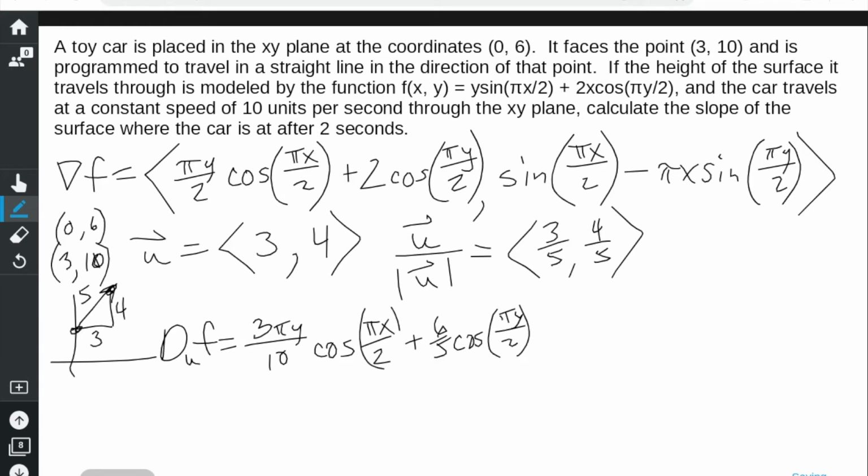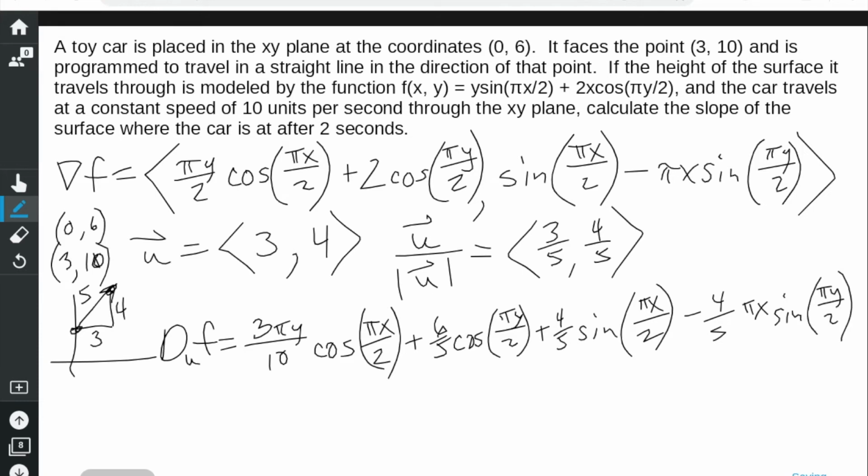Let me draw my parentheses there. Then plus 4/5 sine pi x over 2, minus 4/5 pi x sine pi y over 2. All right, so we've got our directional derivative.